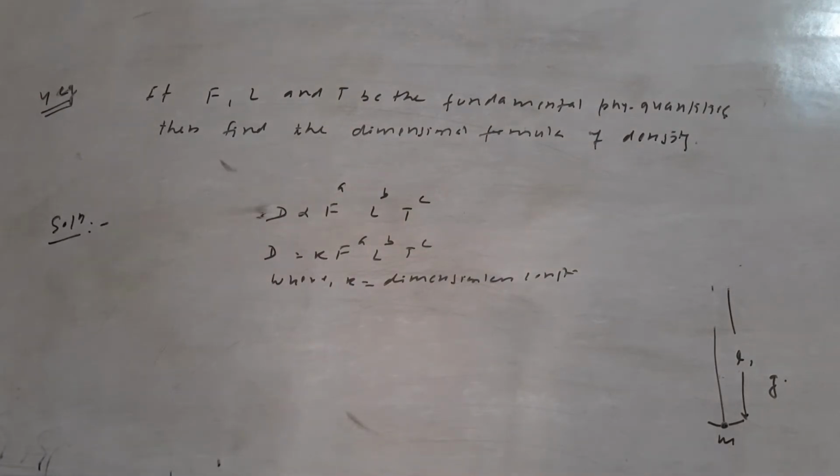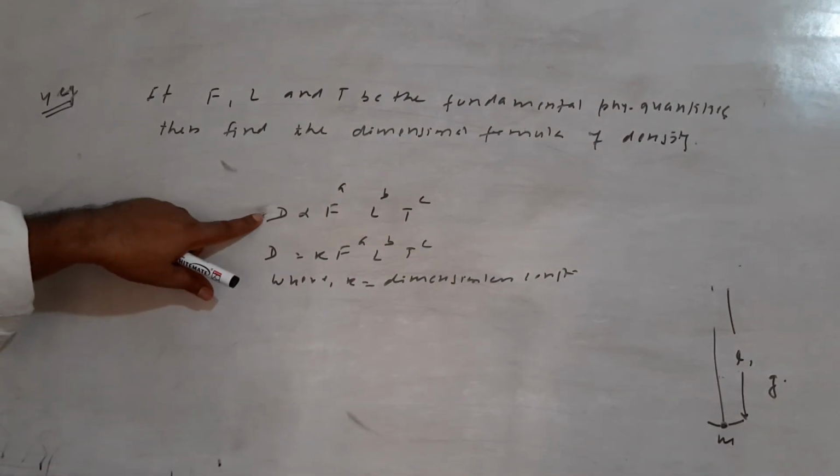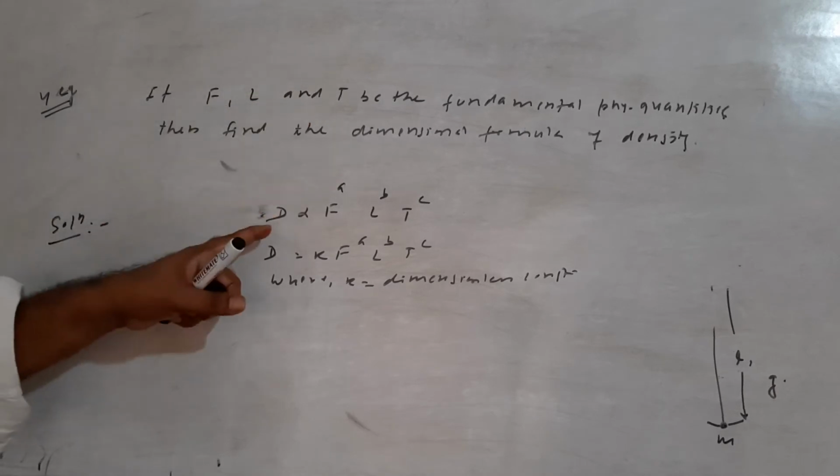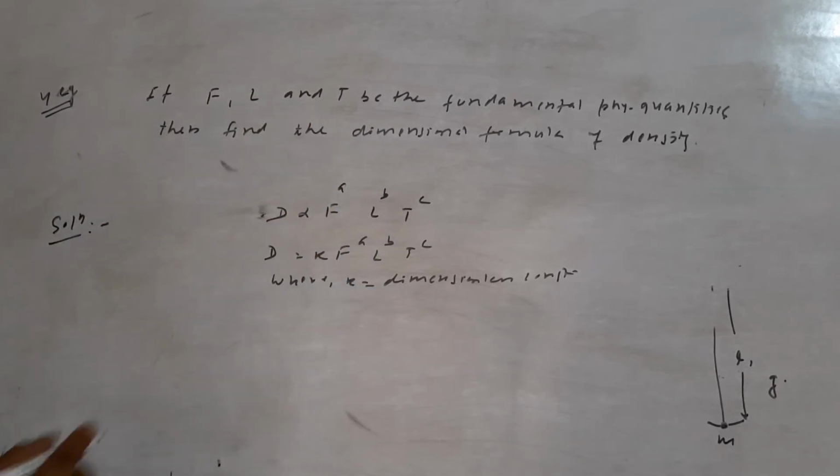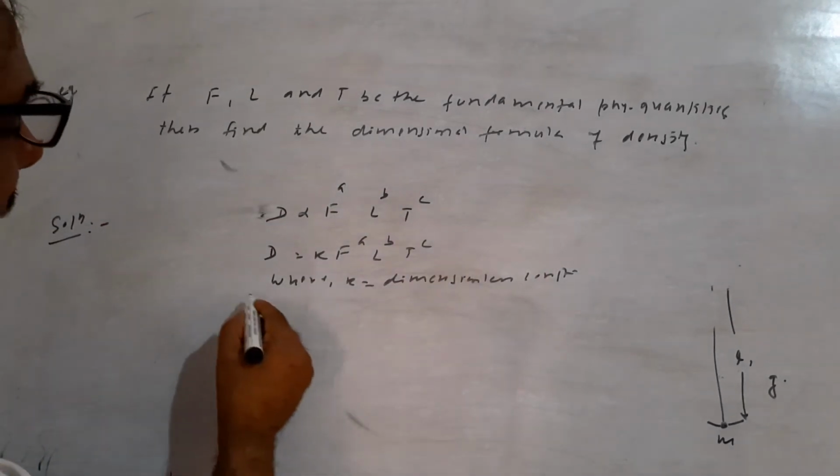To find D in terms of F, L and T, D is proportional to F, L and T. Write down the dimensional formula on both sides.